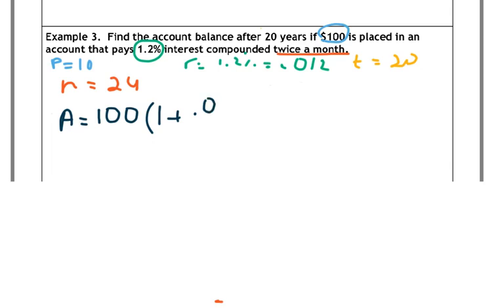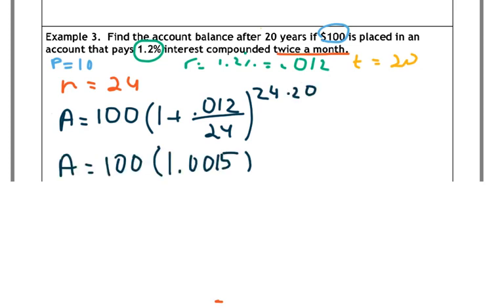Okay, now first we need to do operations in parentheses, which comes out to be 1.0005, and the exponent is 480 when I multiply 24 times 20. So now let's plug in everything in the calculators and let's see what's the answer.